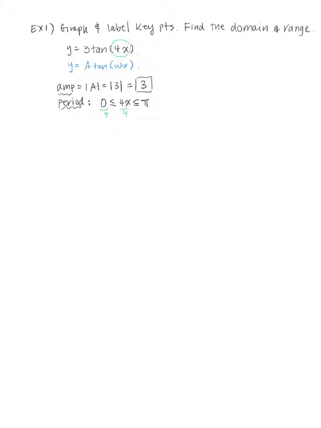Divided by 4. Okay, so it looks like our period is going to change to 0 to pi over 4. We're still going to start from 0. Now instead of a tangent graph ending at pi, it's just going to end at pi over 4, and that is all.